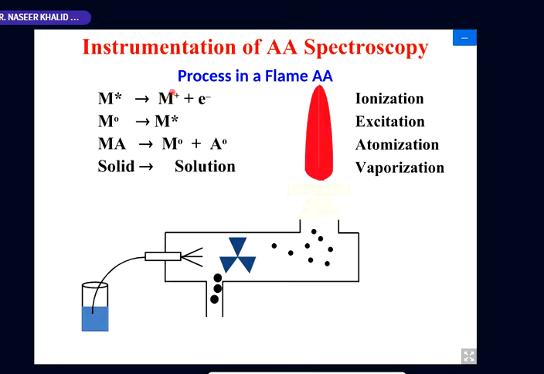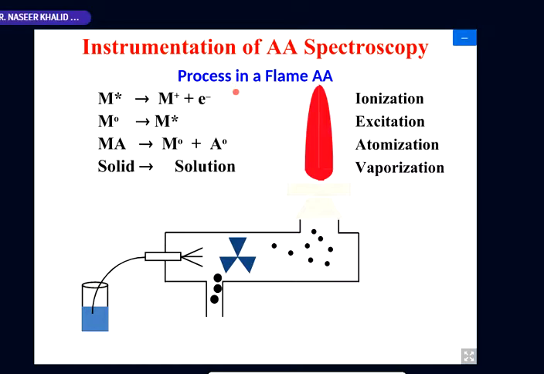Now, when it is a positive ion, it will be entirely different as compared to the neutral atom. Because when the electron is ejected from the neutral atom, it will have a different energy level diagram.